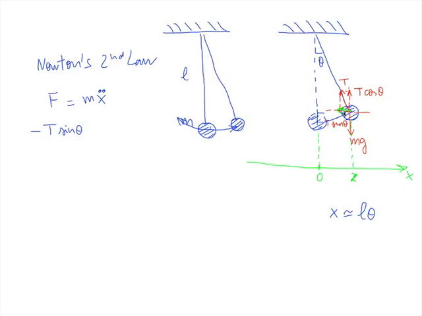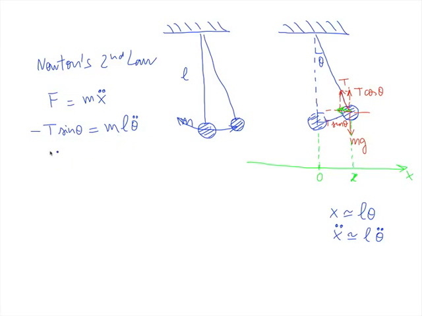So in this case, the horizontal component of the tension has a negative sign. And on the second member of the equation, we have m times the second derivative of x. But the second derivative of x can be approximated using this approximation by L times the second derivative of theta. So we write L times the second derivative of theta.